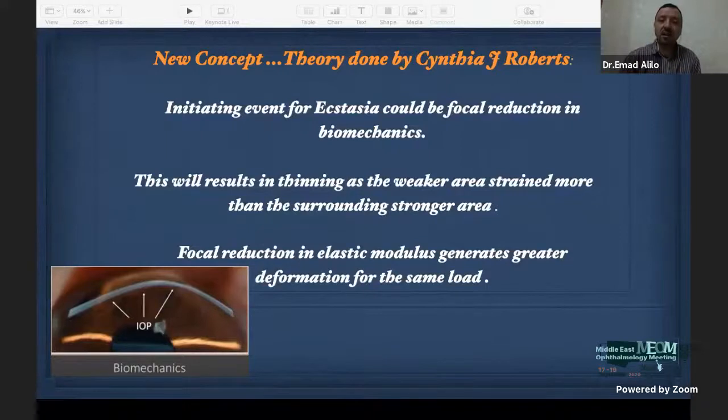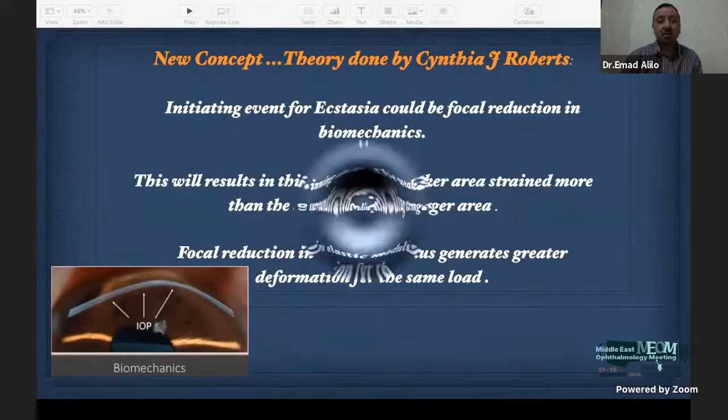This results in thinning in the weaker area because it is strained more than the surrounding stronger area. A focal reduction in the elastic modulus generates greater deformation for the same load. So here was the beginning of introducing biomechanics and the elastic character of the cornea in determining its susceptibility to ectasia later on.